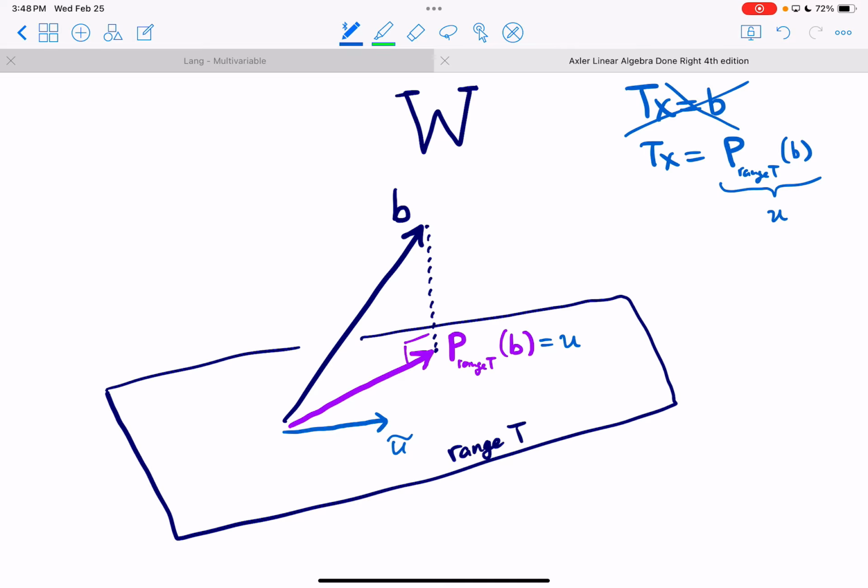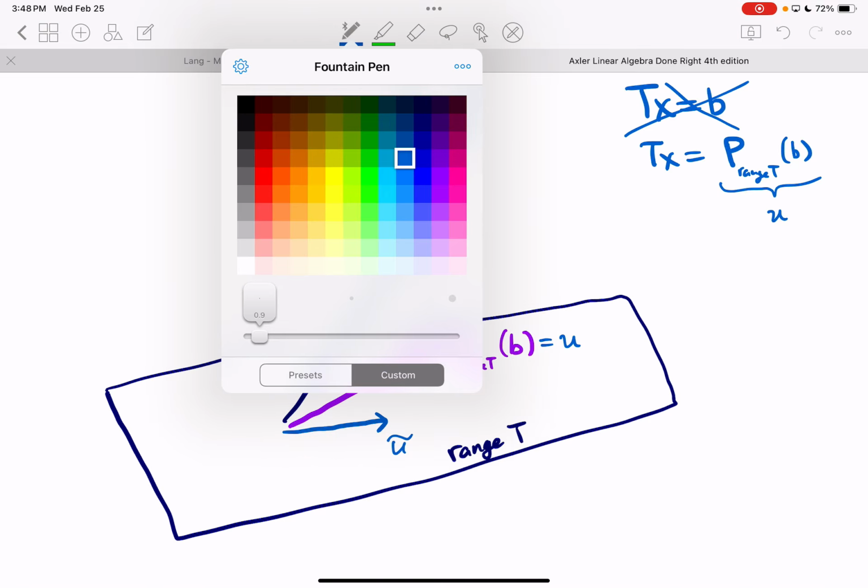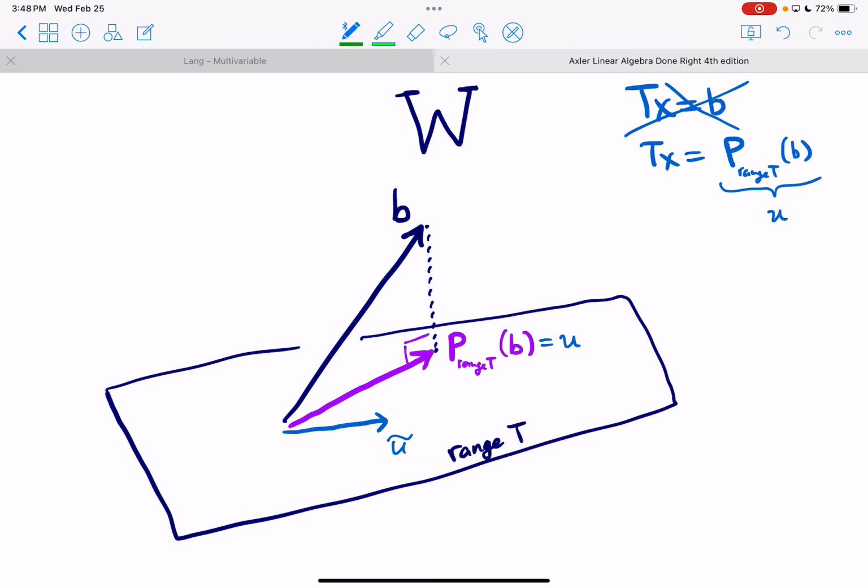Okay. Now if we choose any other u tilde, what I want you to notice is that u tilde, u, and b form a right, what's the next word? Triangle.